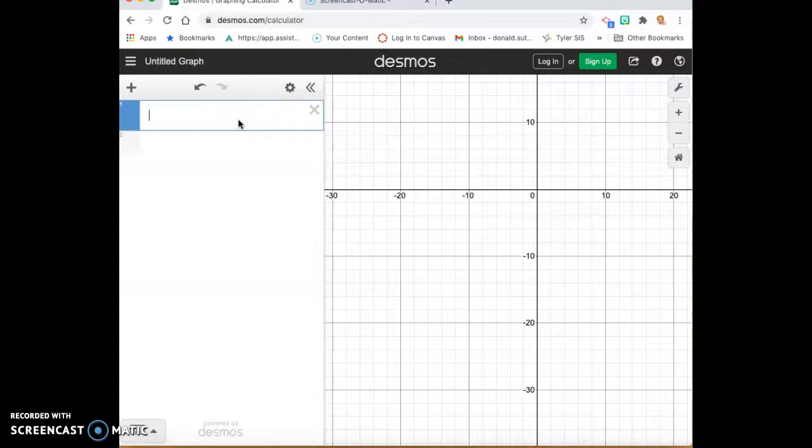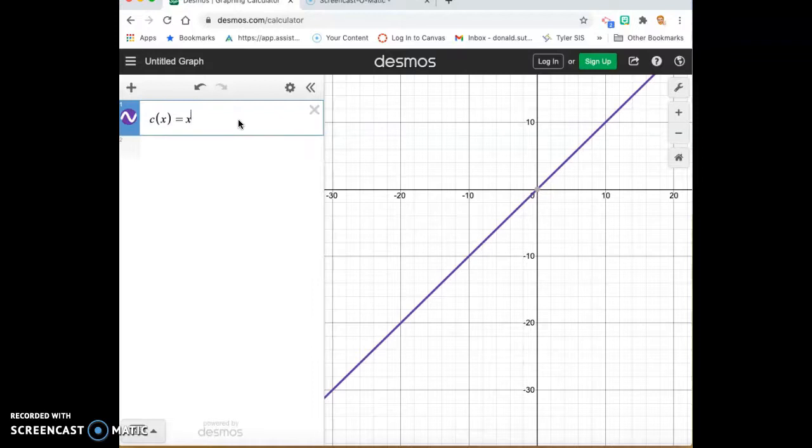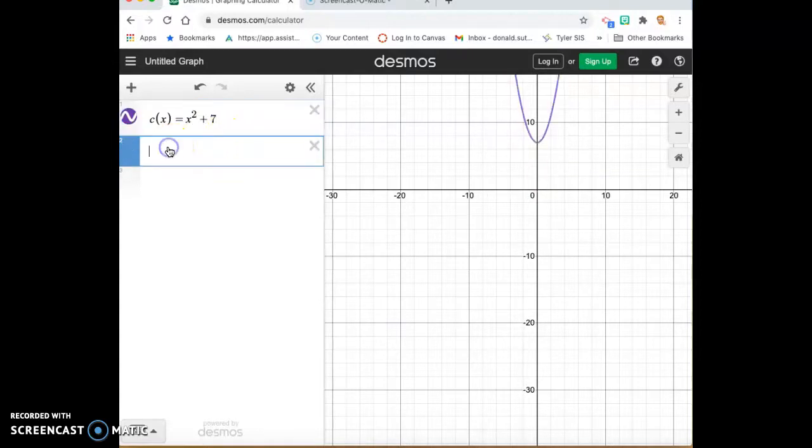The first equation was c of x equals x squared plus 7. The next one is d of x equals 2. Well, that should have been minus 7.